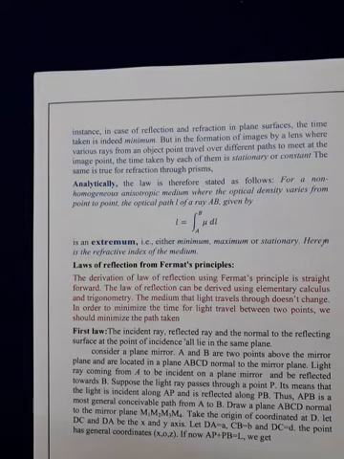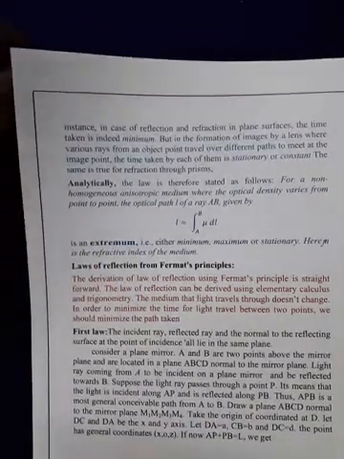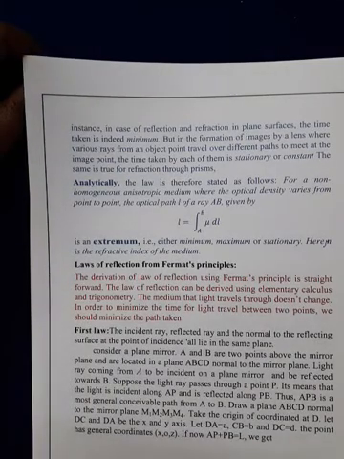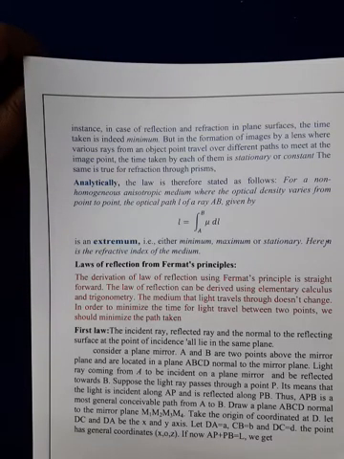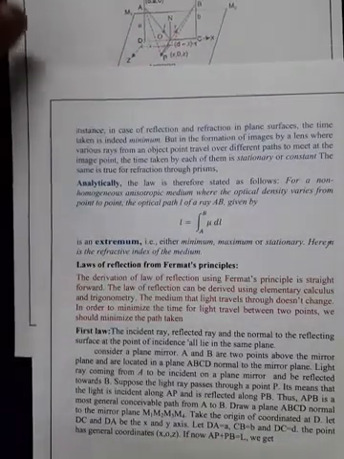In order to minimize the time for light travel between 2 points, we should minimize the path taken. So the first law: the incident ray, reflected ray, and the normal to the reflecting surface at the point of incidence all lie in the same plane.